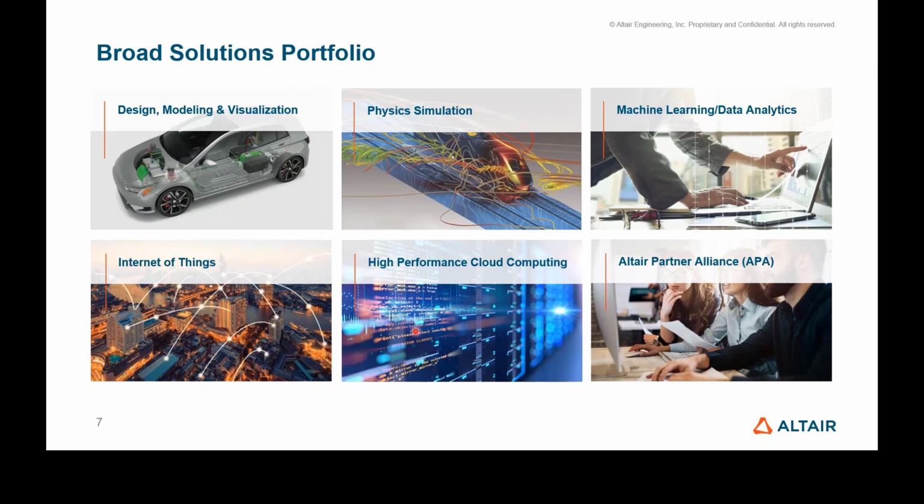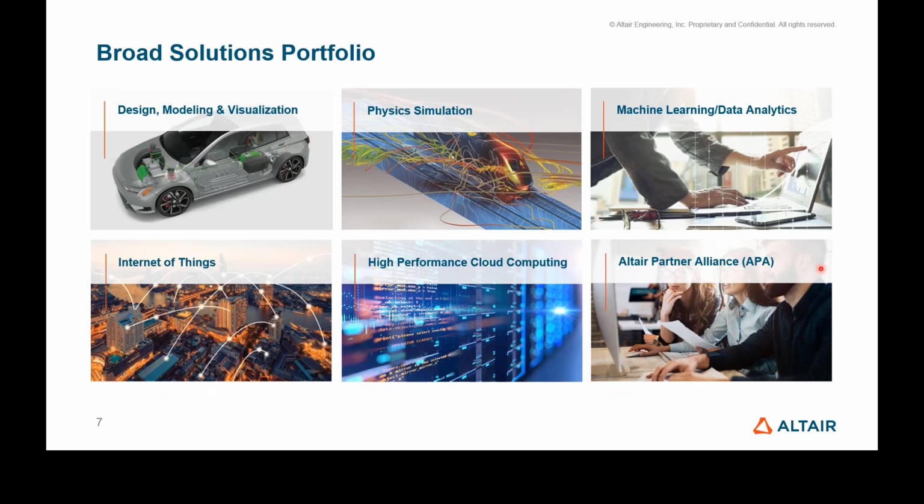And then we have high performance cloud computing that we offer. All our software programs are available on cloud computing, so you can make use of what we can call the unlimited potential of cloud computing for your simulation. Then, of course, we have the Altair Partner Alliance. This is where we offer products that are not offered in our portfolio.